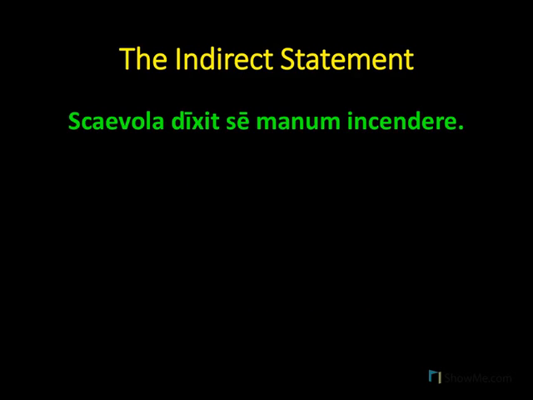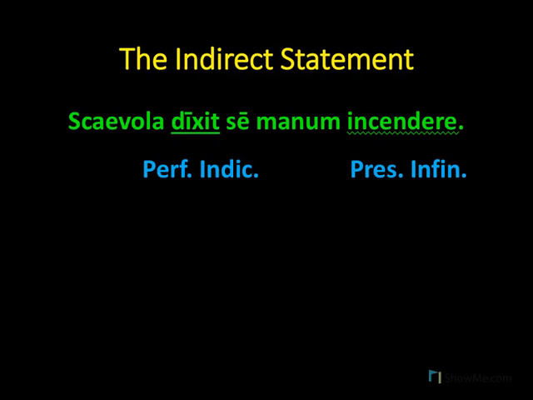Scaevola dixit se manum incendere. Here, the main verb is dixit, and the infinitive is incendere. And recall that dixit, again, is a perfect tense indicative, and incendere is a present tense infinitive.